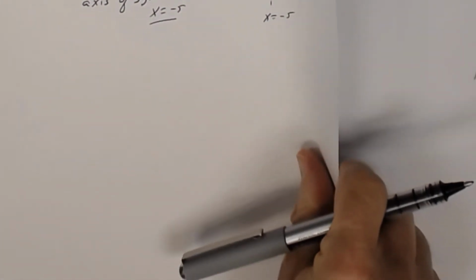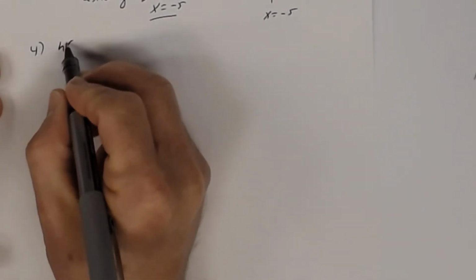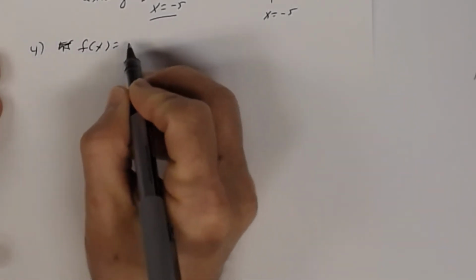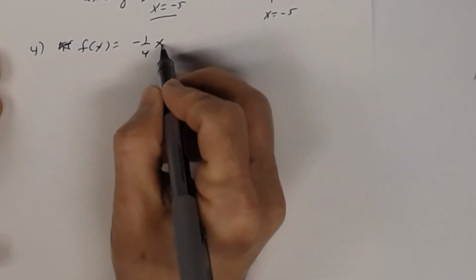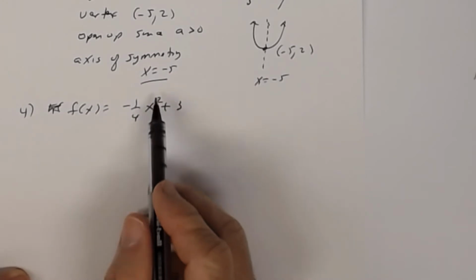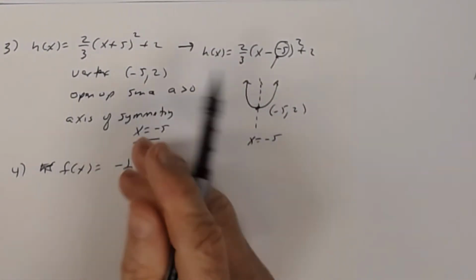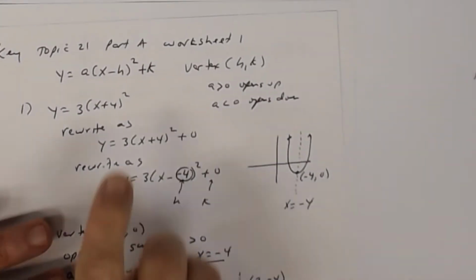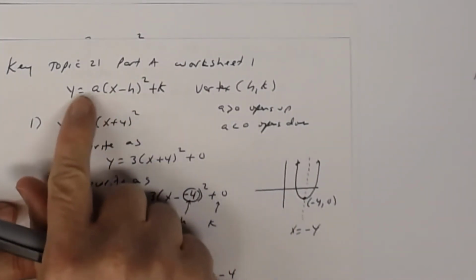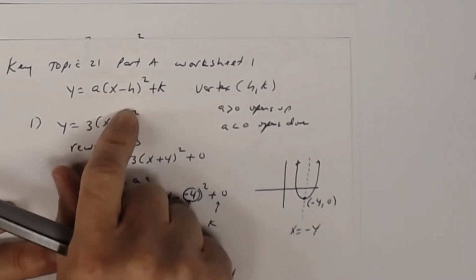Now number 4, don't let number 4 throw you off. You know how to rewrite it so it can help you. So number 4, we have negative 1/4 x squared plus 3. Now what causes students issues is that you see an x squared, but you don't see a binomial squared. It throws students off because in the equation, they always see a binomial being raised to the second power.